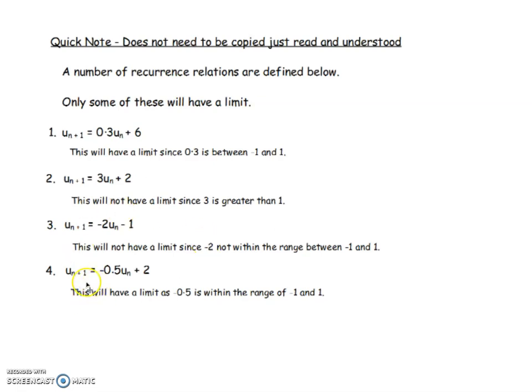Now 4, u(n+1) equals -0.5 u(n). Now a lot of people might think that doesn't have a limit, but it does, because it is within the range of -1 and 1. Alright, so in this example, this one will have a limit as it is in that range. It can be a -0 point something, okay? So that's a key thing to consider.